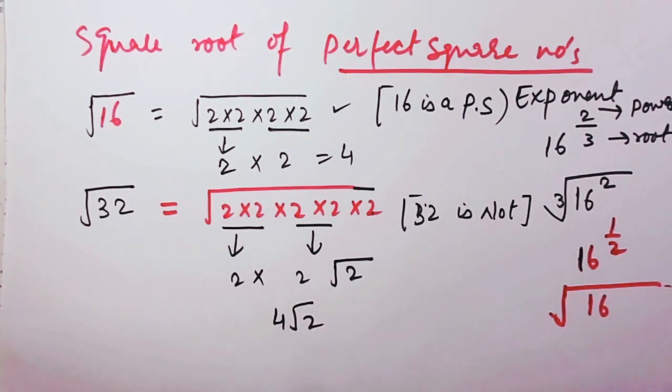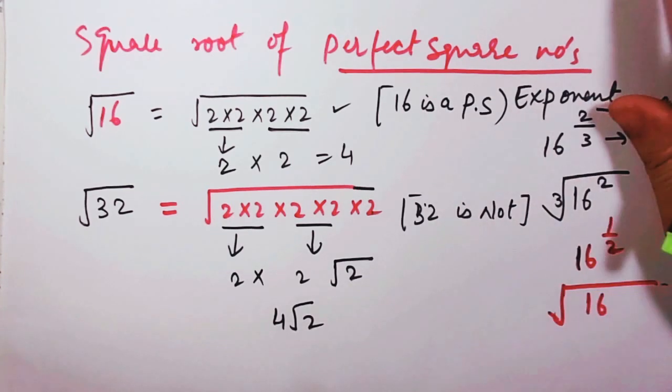Okay. Before ending this, I would like you people to concentrate on one most important thing, and that is the square root. Let me write most important. Why is it most important?